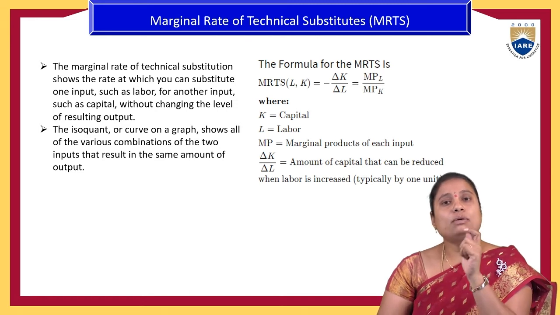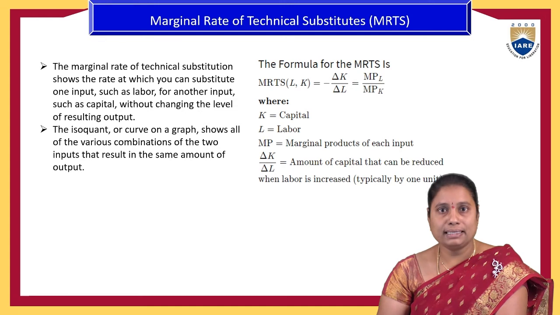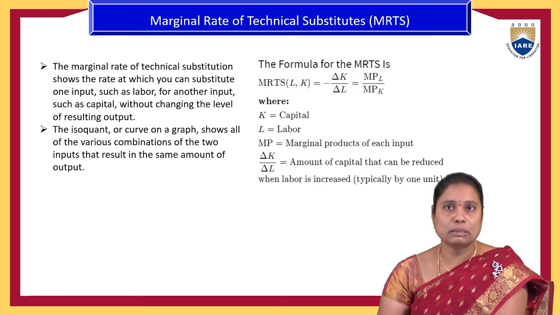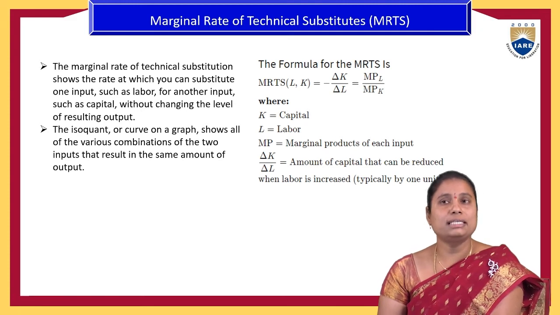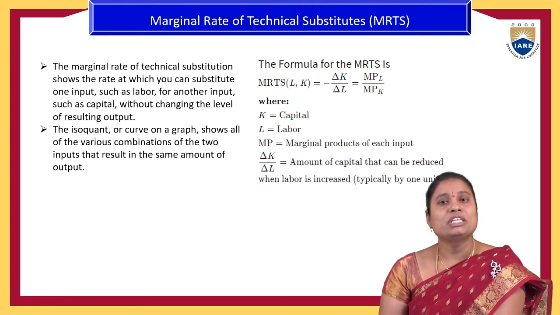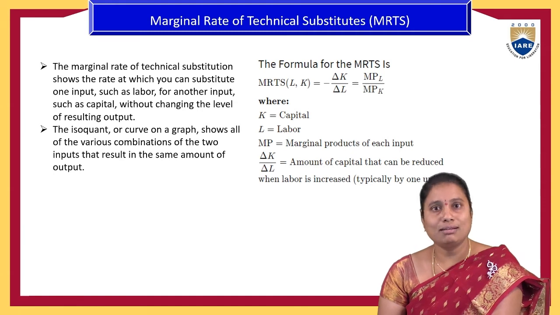Which means the rate at which one input impacts the other input is called the marginal rate of technical substitution. That is, MRTS is equal to the change in one input divided by the change in the other input, that is, change in capital divided by change in labor.